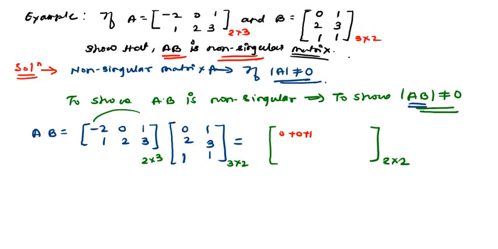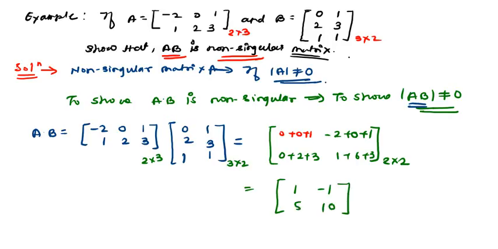First row and first column will give you 0 plus 0 plus 1. Then first row, second column: -2 plus 0 plus 1. Next one is second row, first column: 0 plus 2 plus 3, then this will be 1 plus 6 plus 3. So this is equal to 1, this will be -1, this will be 5, this will be 10.